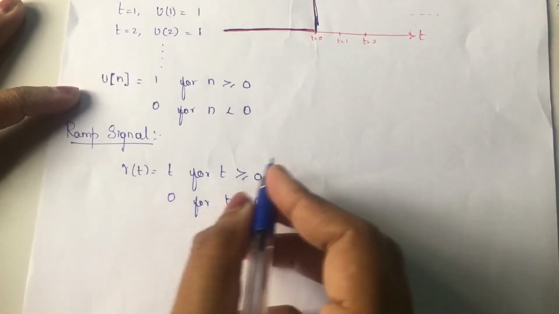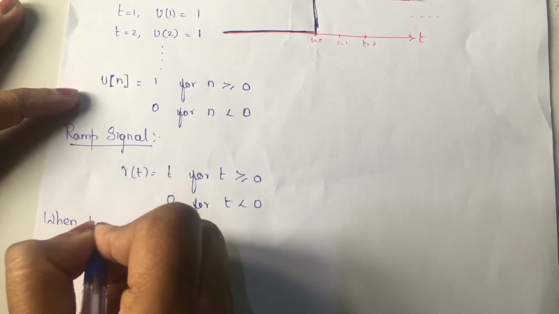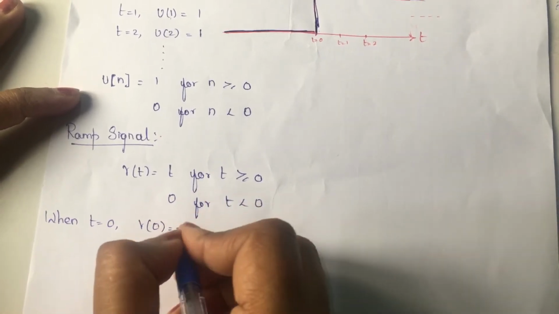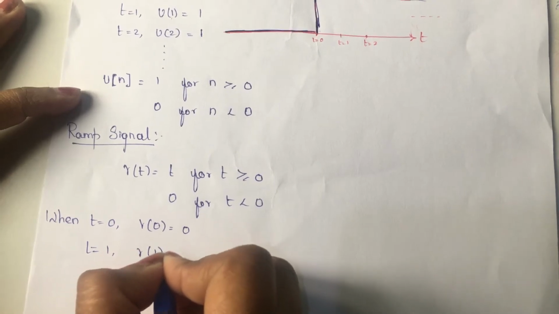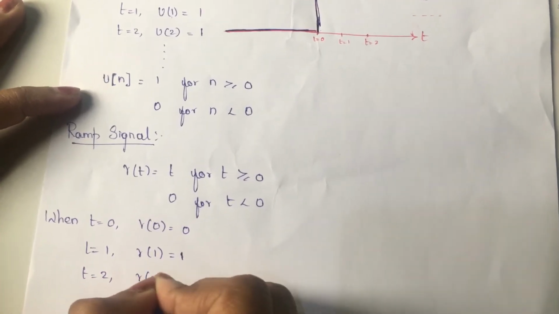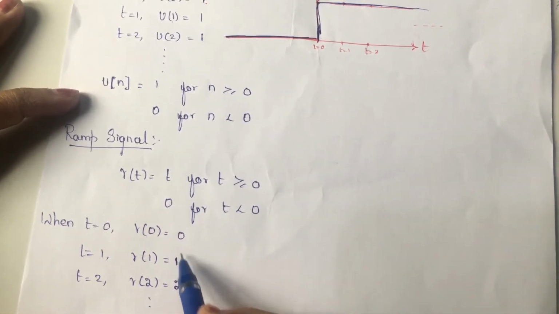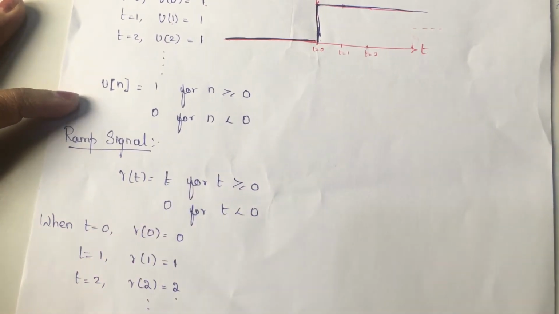Here also let us substitute this interval: when t is equal to 0, r of 0 is equal to 0. When t is equal to 1, r of 1 is equal to 1. When t is equal to 2, r of 2 is equal to 2. Here the amplitude values vary because the function has the t variable.